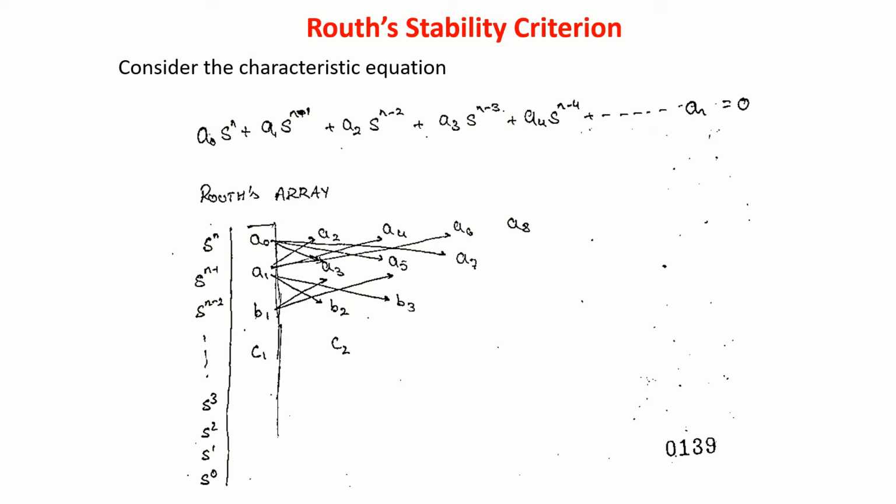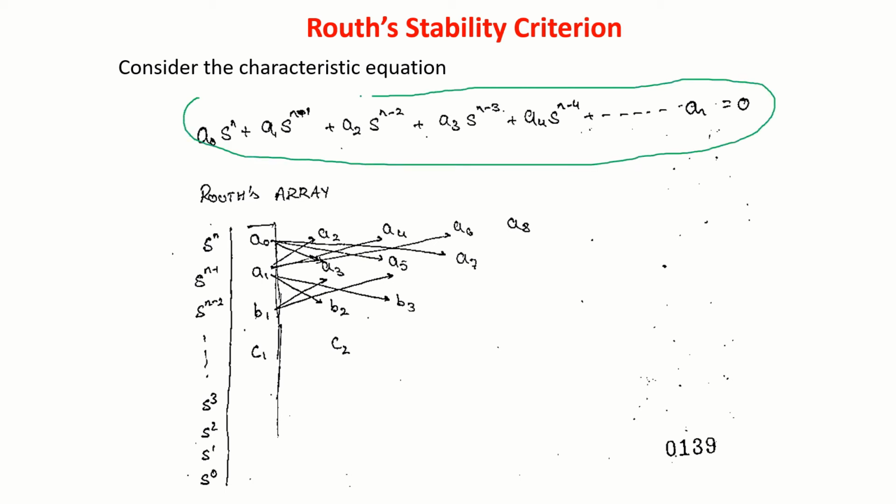Now suppose you have a higher order system. How do we find its stability? Suppose you have an nth order characteristic equation, and you ask whether the system is stable or not. The best way is to take this nth order characteristic equation and find all its roots.